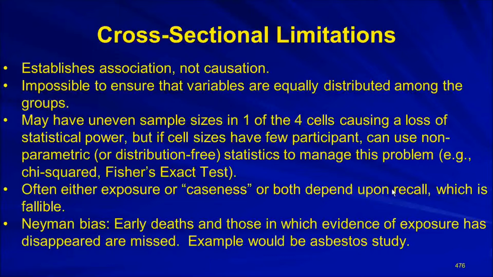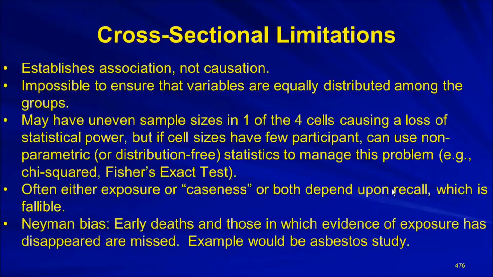So I use the example of asbestos. If we're looking at asbestos, and we know back in yesteryear that engines of trains were lined with asbestos. Well, if you were doing an asbestos study, you couldn't look at all the engineers that had died.